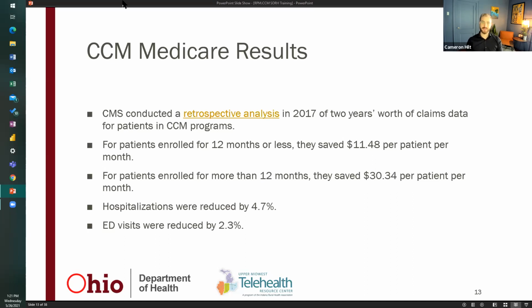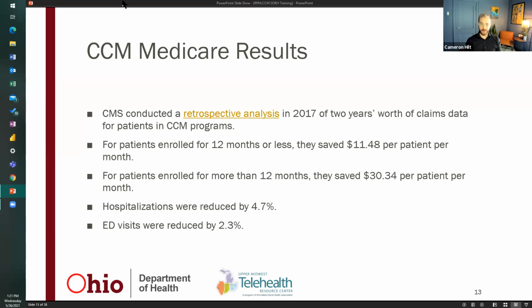At 12 months, they were saving over $11 per patient per month. But as those patients stayed enrolled in those CCM programs, that savings more than doubled. It increased to $30 per patient per month when they were engaged for more than 12 months. It also helped reduce hospitalizations by 4.7% and ED visits by 2.3%.